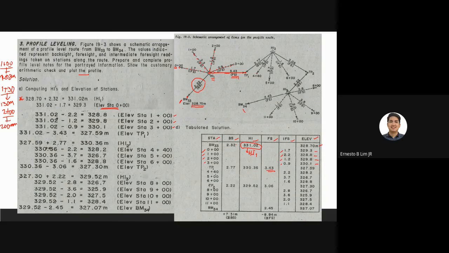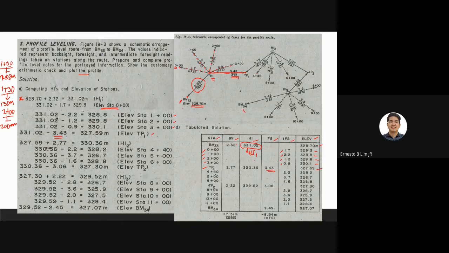As you read the foresight the same way as the other stations, you deduct the foresight from the height of the instrument to get the elevation at TP1. Therefore the elevation at TP1 is 127.59.